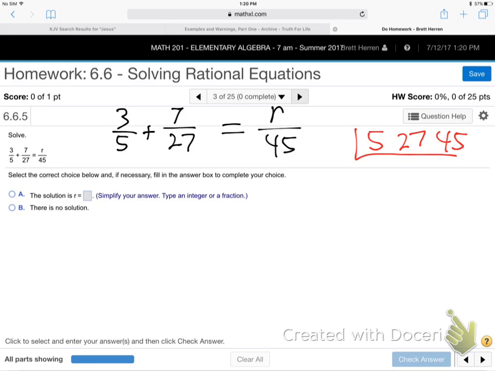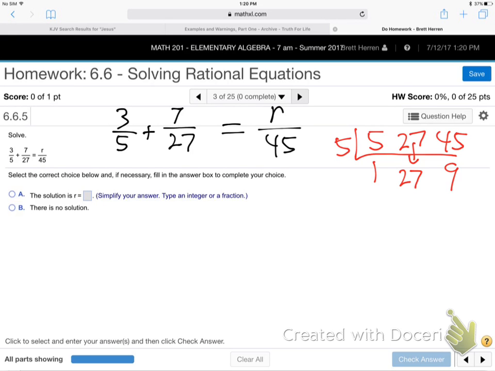So what goes into a couple of these numbers? Looks like 5 does, 9 does, right? A couple layers there. So I'll do 5. 5 goes into 5 one time, 5 goes into 45 9 times.